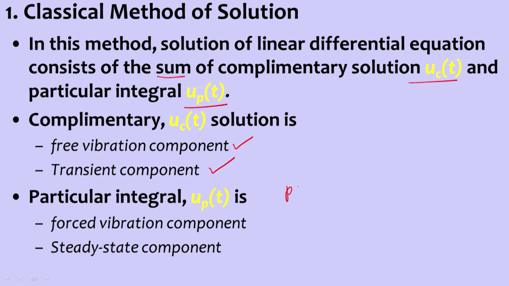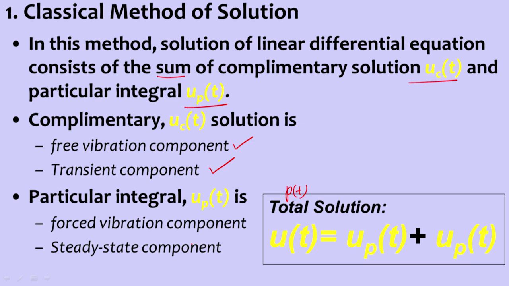Whatever force we are applying is taken into consideration while solving this component. This is also called the steady state component. So, u complementary is the transient component and u particular is the steady state component, and the total solution looks like this: the complementary solution plus the particular integral.